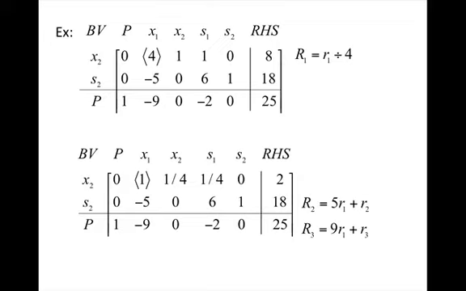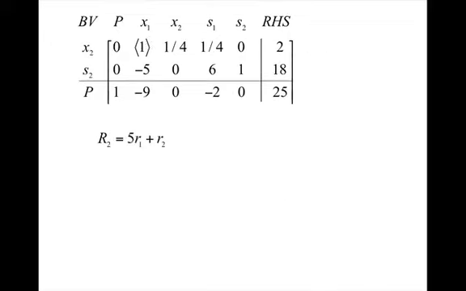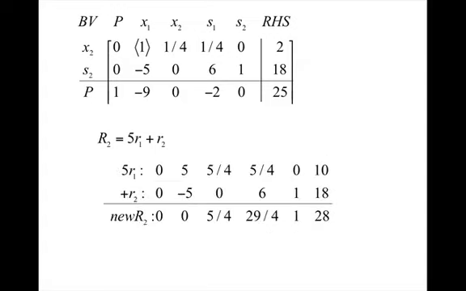So let's begin with the first operation to get our new row 2. So begin with 5 times row 1. If I multiply row 1 by 5, I get 0, 5, 5/4, 5/4, 0, and 10. I'm going to add this to row 2.